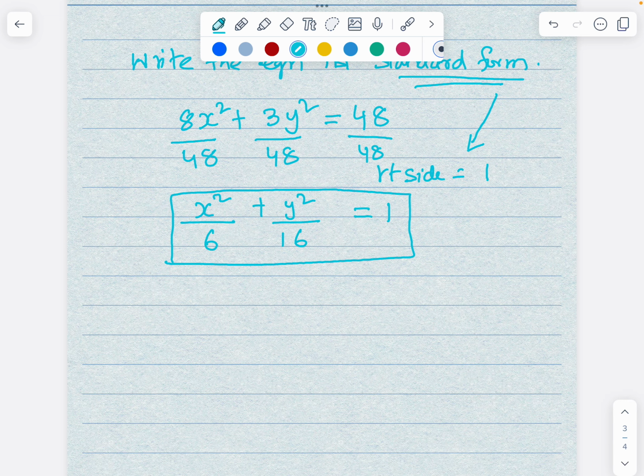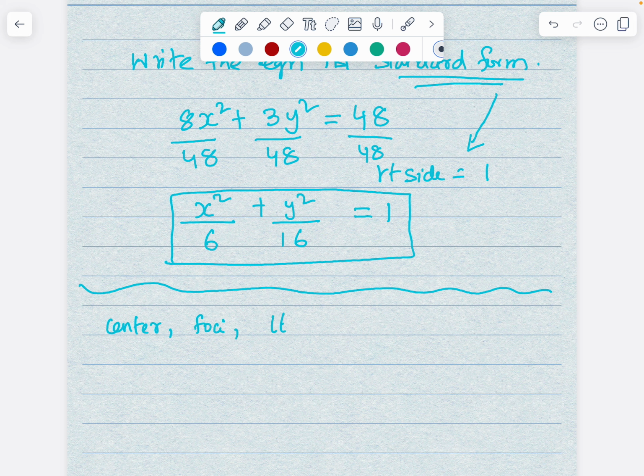And then the next kind of question is you're going to find out all of the values. For example, you'll find the center, the foci, length of major and minor axis. And sometimes we have to draw the graph after that. So in this case, it's 27x square plus 9y square is equal to 81.